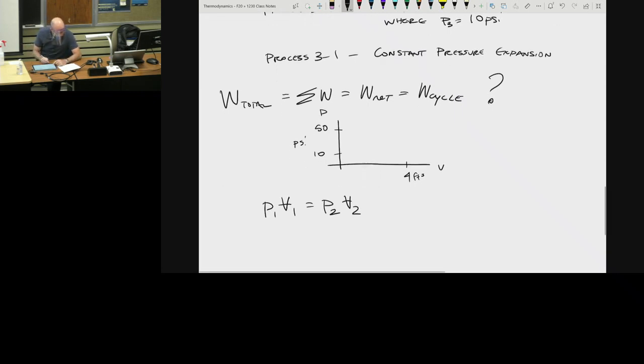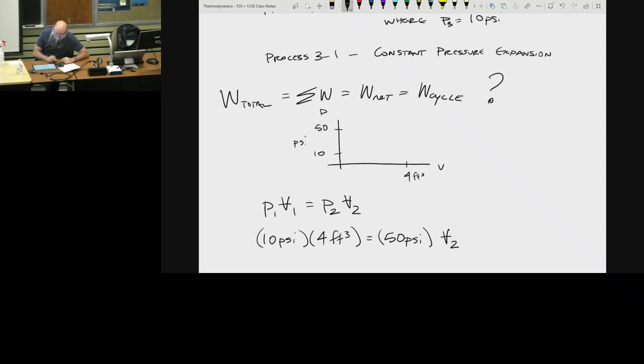And so here I'm going to have my pressure 1 is 10 psi, and my volume 1 is 4 feet cubed, and my pressure 2 is 50 psi, and my volume 2 is unknown. And just looking at that mathematically, I know that volume 2 has got to be less than volume 1 to get this ratio working out.